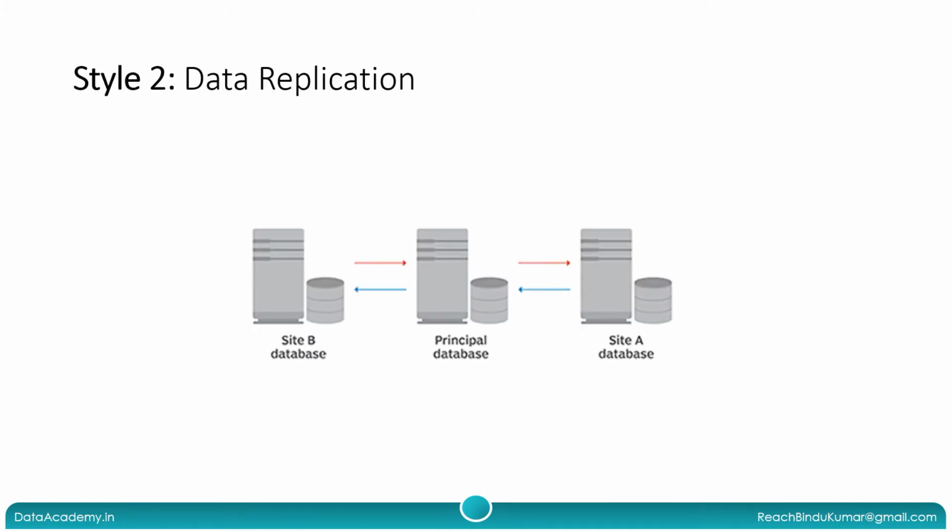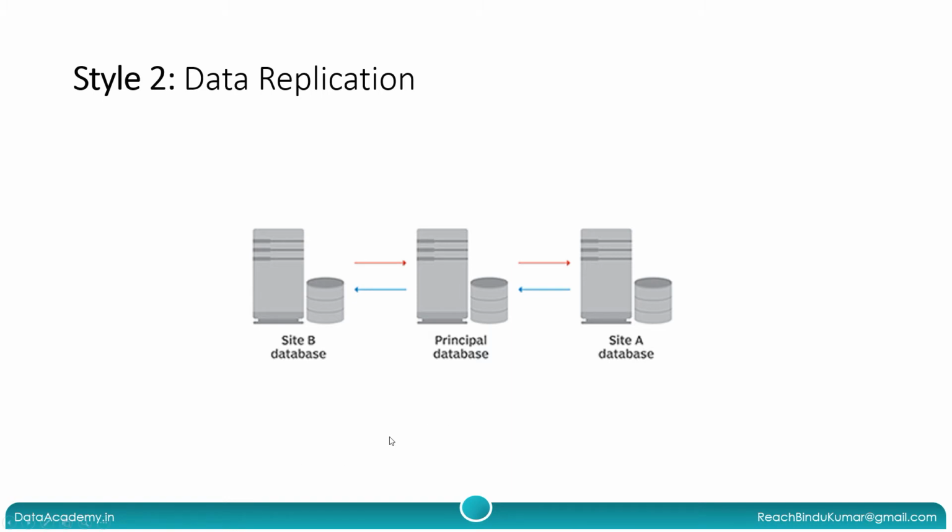Let's move on to style 2. So what is style 2 of data integration? It is called data replication. Data replication is also a process where data is exchanged, but for different reasons.